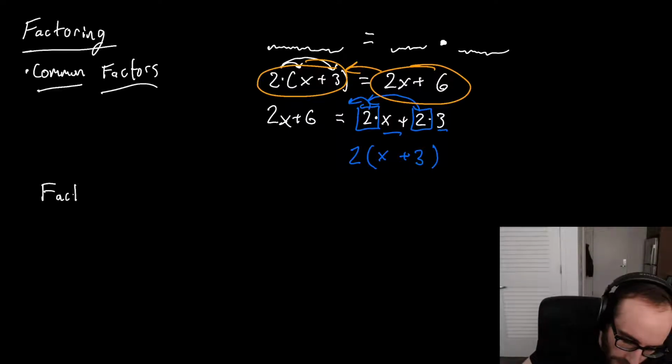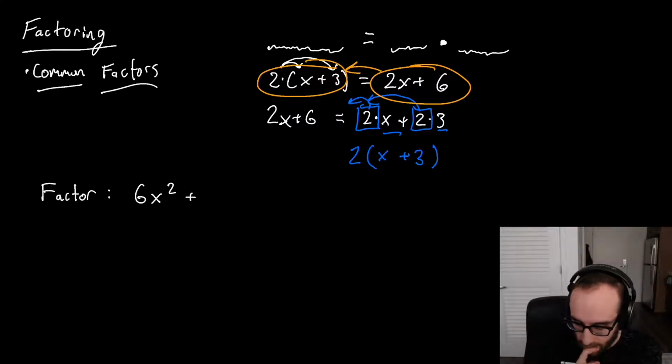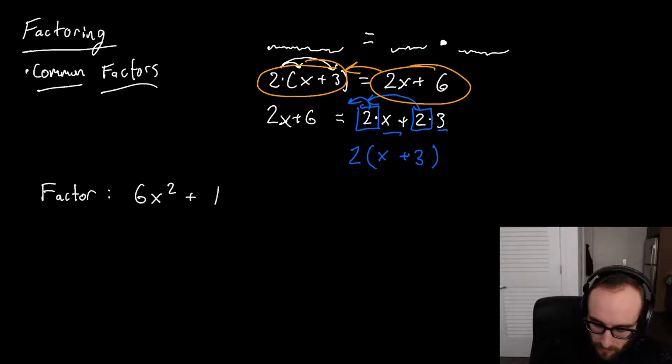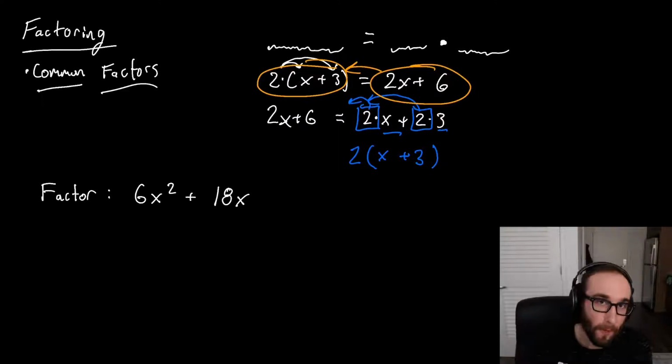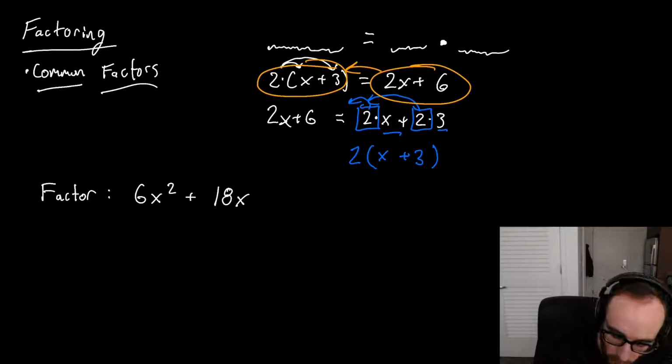Let's say that we're given the expression 6x squared plus, let's do 18x. Okay, so we're going to start off by rewriting these and factoring each one as much as possible.